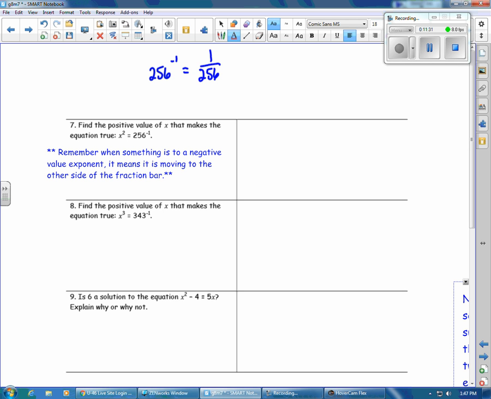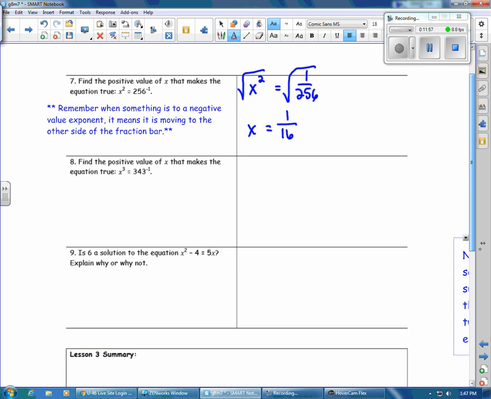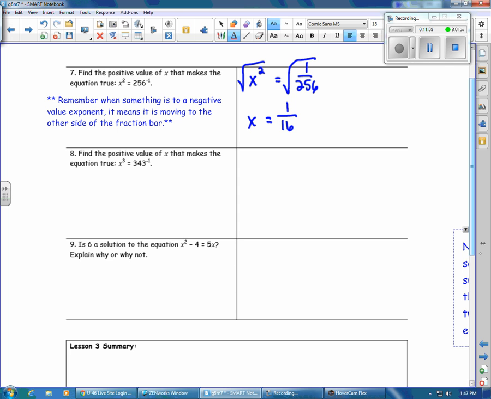It moves down into the denominator. So how do I find a square root of that? If I've got x squared equals 1 over 256, I take the square root of the left side and the square root of the whole right side. So x is going to equal 1 over 16. See if you can work out 8 and then for 9, and we'll check them in class tomorrow.